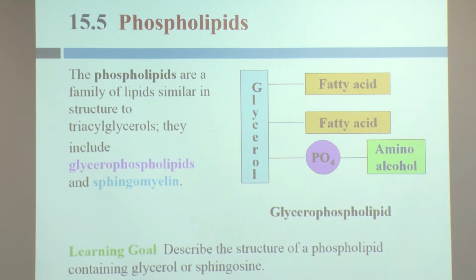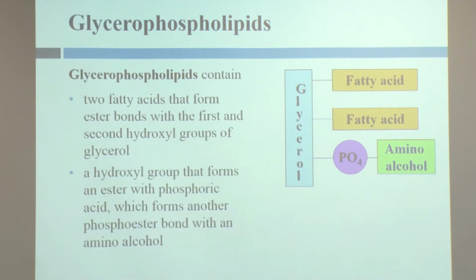Again, our emphasis is on looking at the name, setting up the structure, and looking at their function. What is the function of this particular molecule? Now again, they contain two fatty acids.